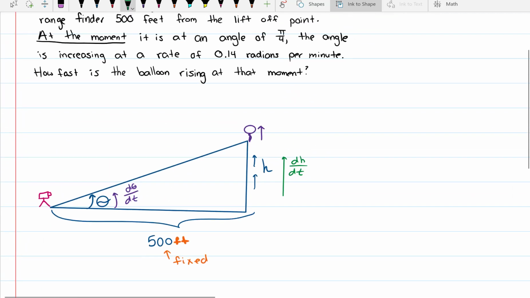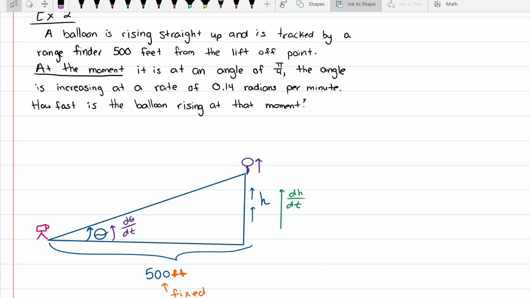So let's pull out any pertinent information we have. We know that it's 500 feet, that's our fixed distance. We know that when theta is pi over 4, it's increasing at a rate of 0.14 radians. So this means that d theta dt is 0.14.